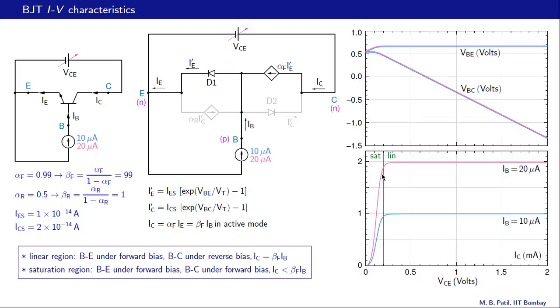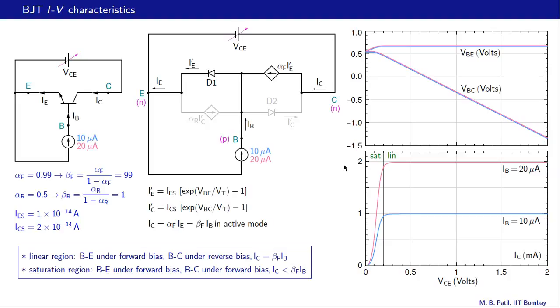The transition is happening at about the same VCE value, about 0.2 volts. So as we go from IB equal to 10 microamps to IB equal to 20 microamps, there is a large change in IC from 1 milliamp to 2 milliamps. That's a factor of 2. And we now want to see how that change gets reflected in the VBE and VBC plots.